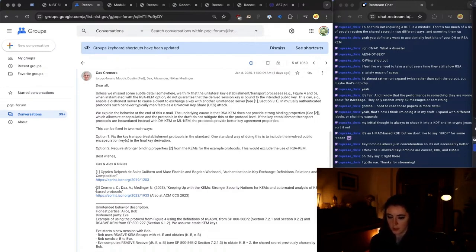Eve then opens a new session with Alice. Eve generates a new key and encapsulates to Alice's static encapsulation key. But instead of using the correct random number generator to generate the secret, as specified in RSA, because Eve is an attacker, she can do whatever she wants to choose all her values.